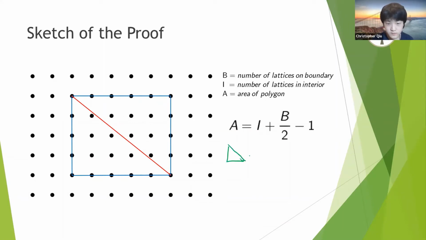Let me just write this down. Let's say this triangle has B prime boundary points, or not just any triangle, the triangle that we get when we cut this rectangle in half. So this triangle over here. Let's say it has B prime boundary points and I prime interior points and an area of A prime.